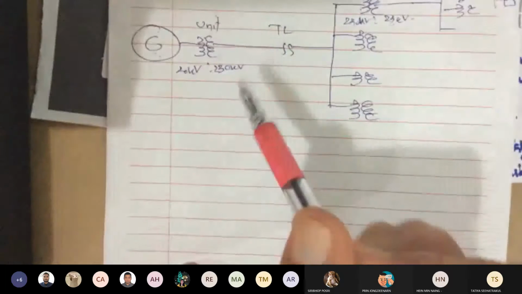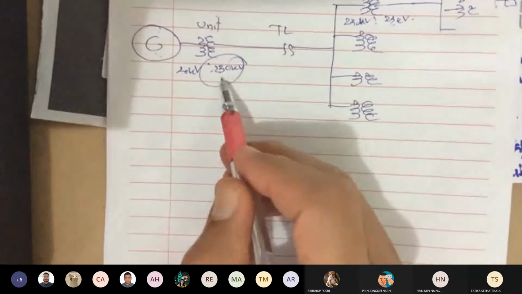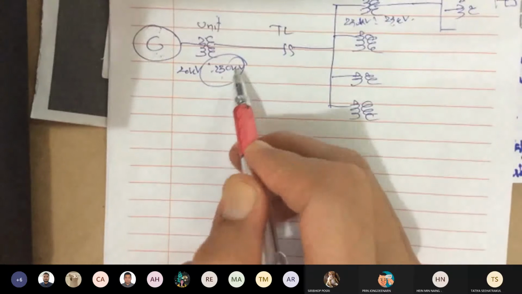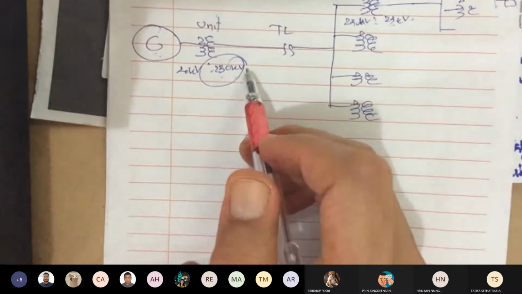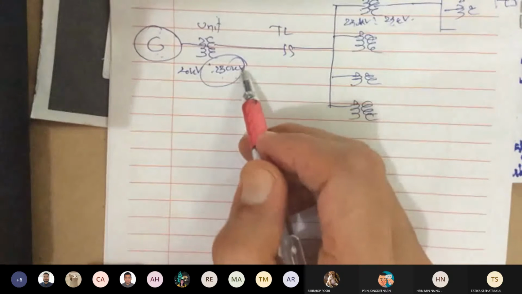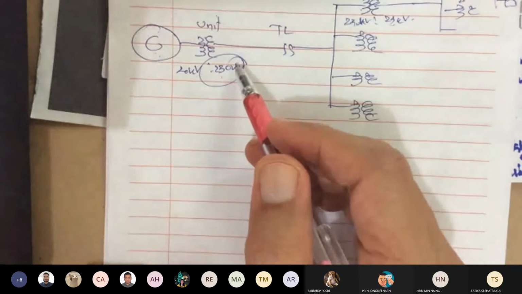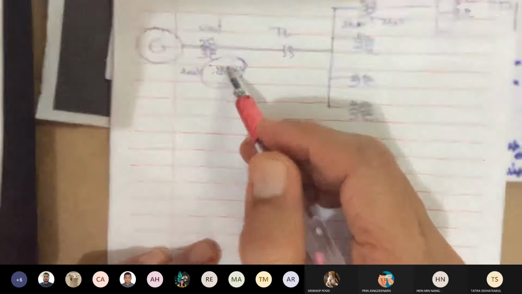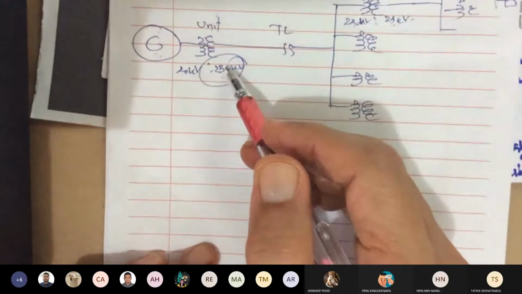Imagine you're stepping up to 230 kilovolt. That's a huge number. How do I know it's 230K? You cannot use your ohm meter to measure that. At 230K, you don't have to touch it. If you get close to it, maybe a meter next to it, that would probably cause electrical shock to you already.